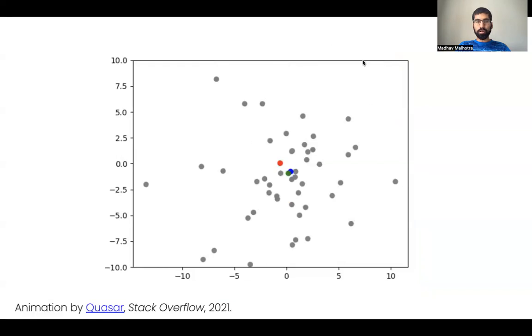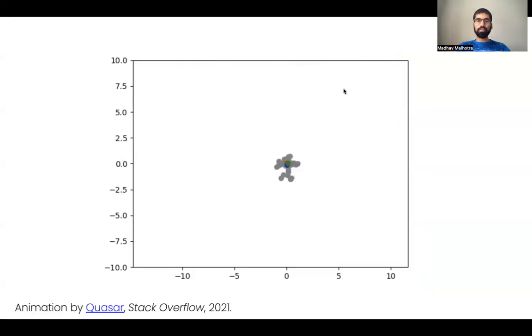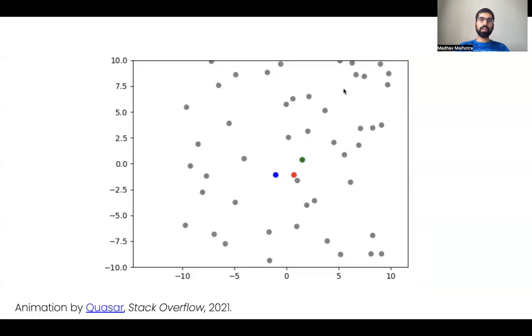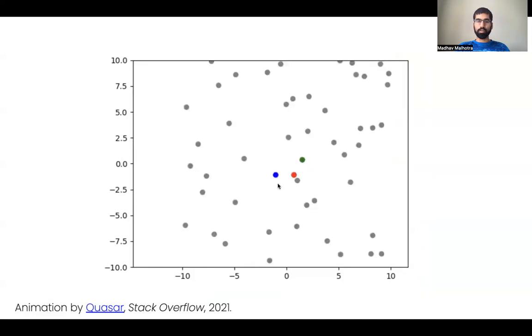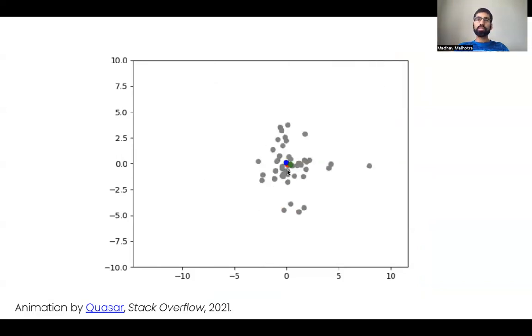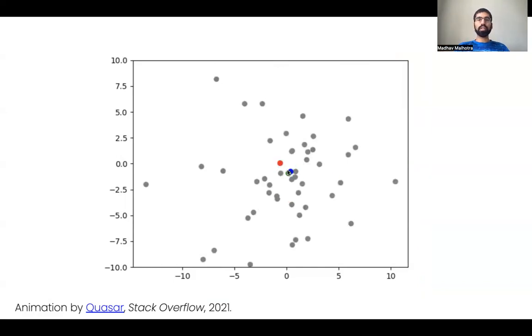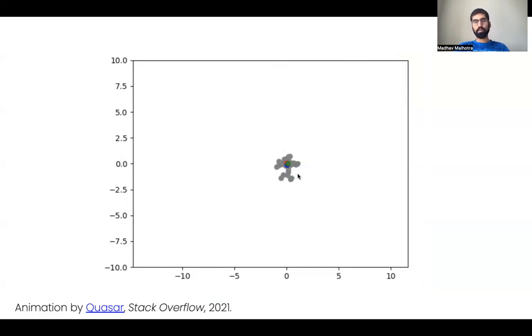Here you see the dots that represent wolves. They start off spread apart. As the hunt progresses, they close in, and eventually they circle in on one point. The red, green, and blue dots represent the alpha, the beta, and the delta. These are the lead wolves that everyone else is following.